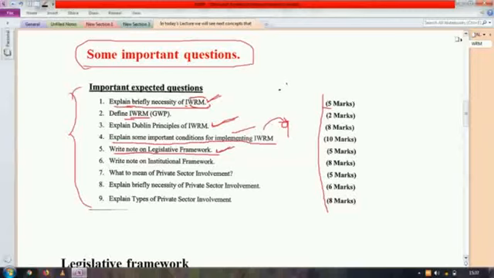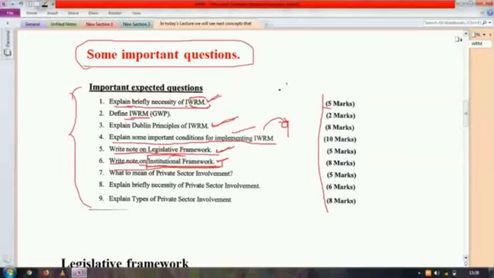Then, question number 6: write a note on institutional framework. Here, if you consider any private sector, how will they work together, what assets are there in the institutional framework, and how will they implement the policies as well as rules and regulations according to the institutions.